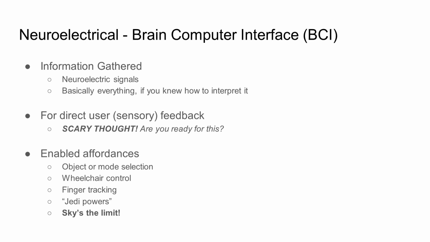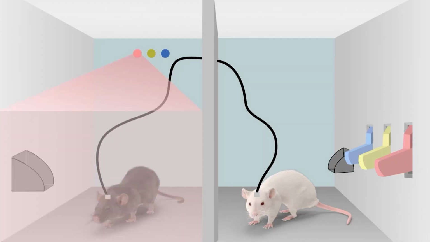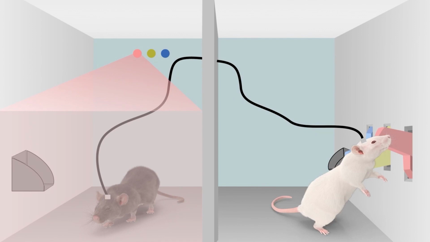Now, when we were talking about facial tracking, we discussed the affect synchronization, and we were proposing assigning feelings or tracking a user's state by looking at their face and how they're reacting to the environment, to the characters that we're presenting to them. With BCIs, we can directly detect what's actually happening.